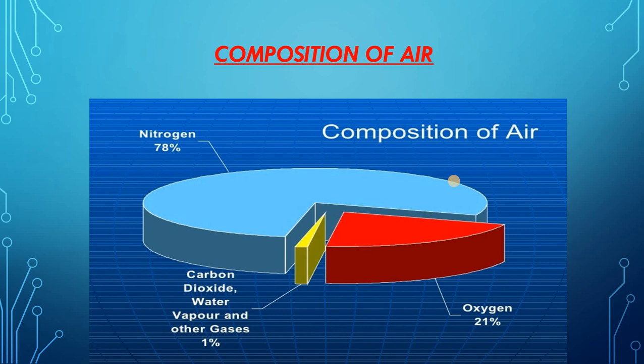The major component of air is nitrogen gas. As you can see in this pie chart, this kind of graphical representation is known as a pie chart. In this pie chart, you can see the maximum amount of gas present in the air is nitrogen gas, that is 78%, 4/5 of air, right?